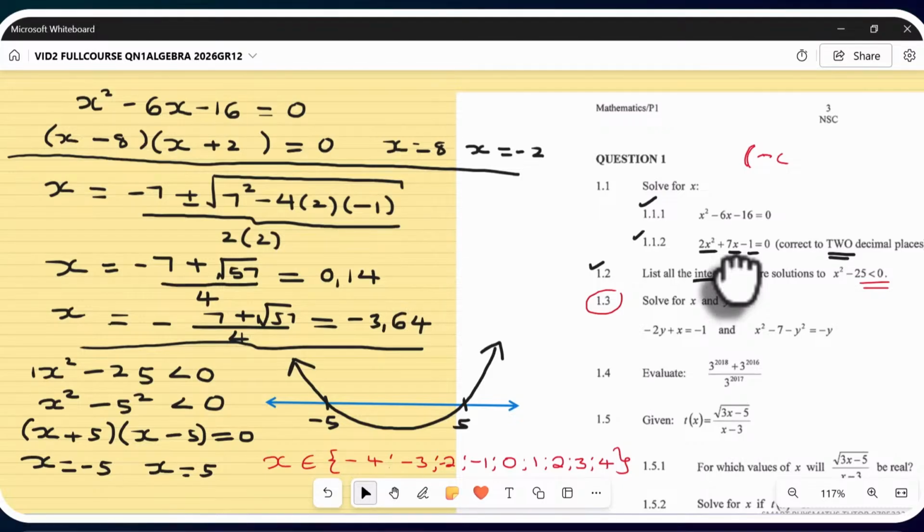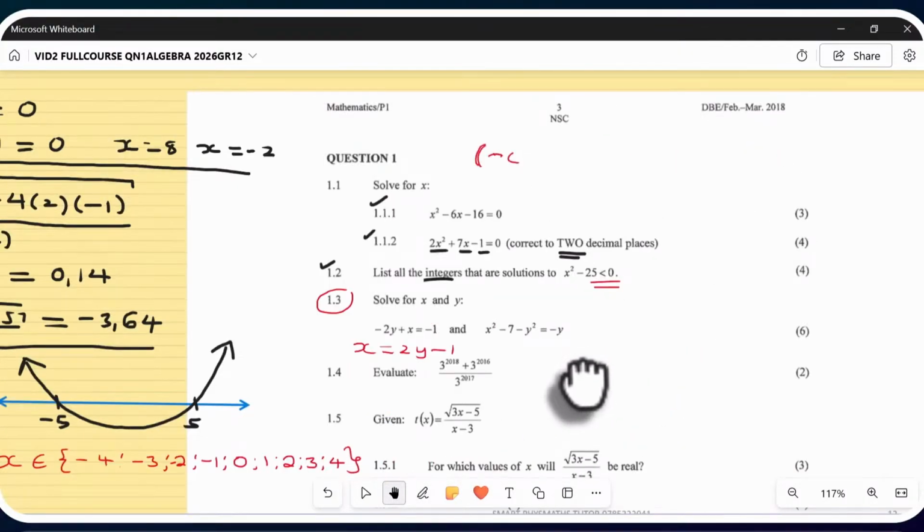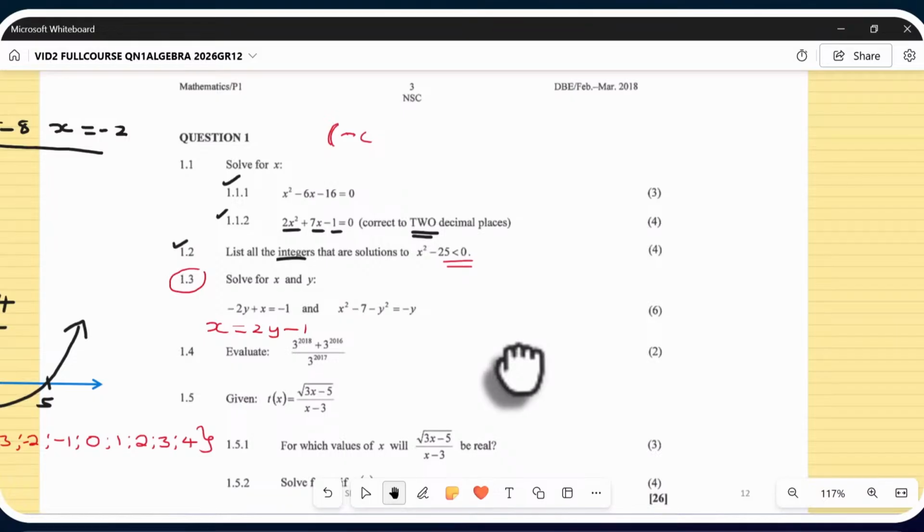You see here, there is x squared here. So I'm going to say (2y minus 1) squared, and then minus 7 minus y squared equals negative y here.